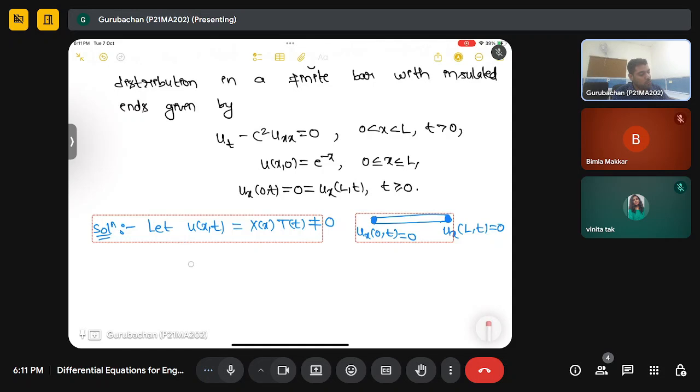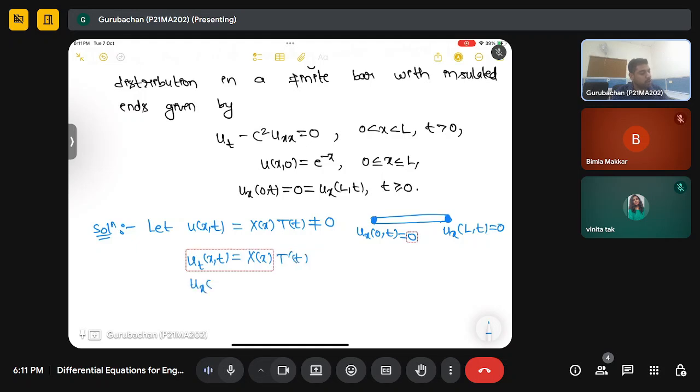In this case, ut will be X(x)T'(t), ux will be X'(x)T(t), and uxx will be X''(x)T(t).